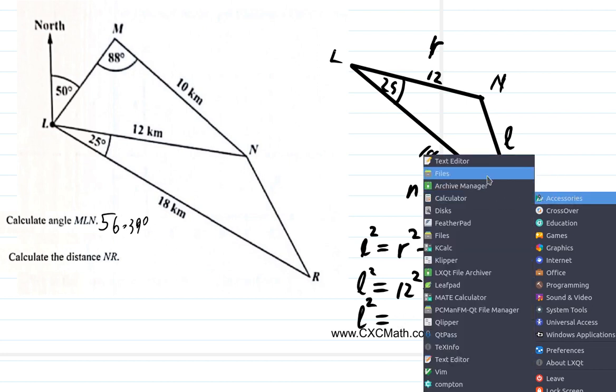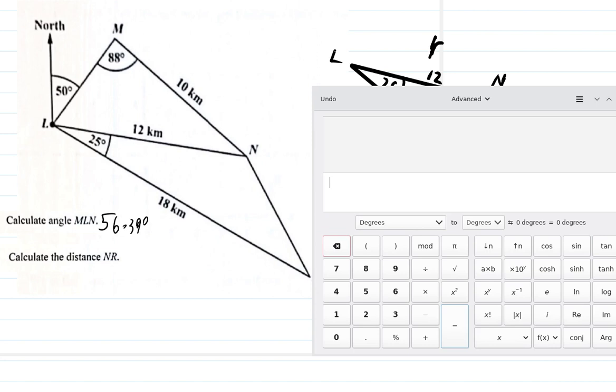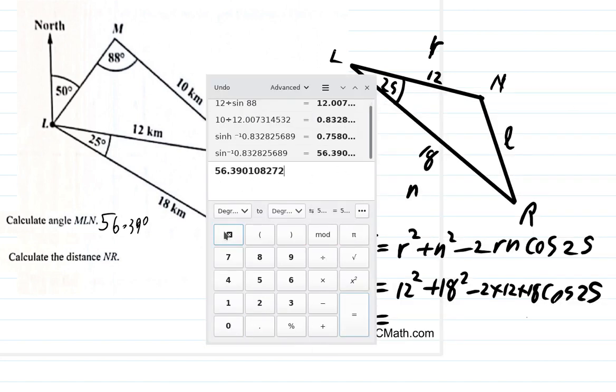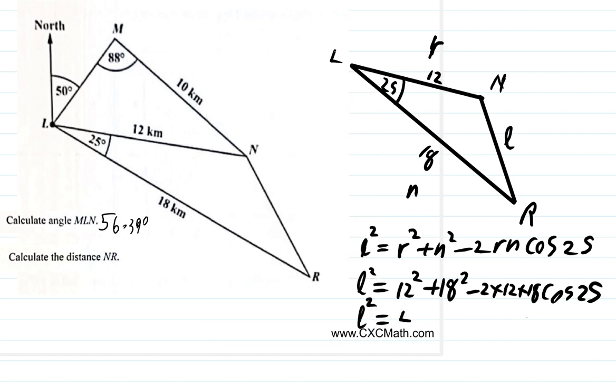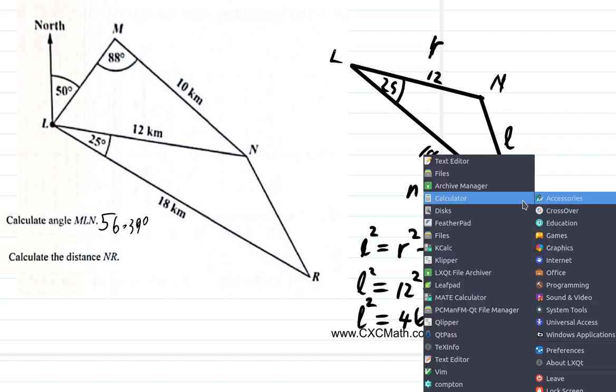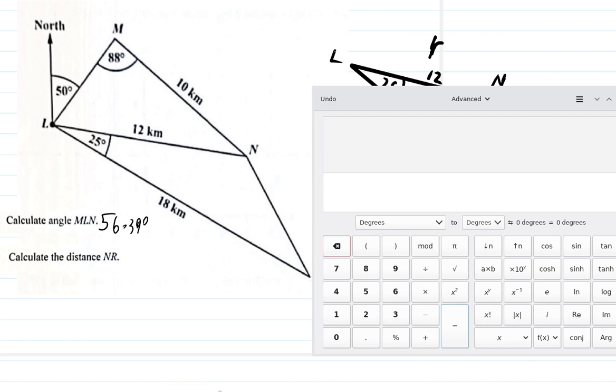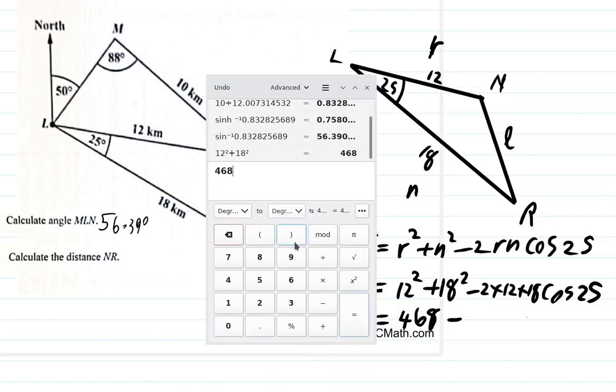What is that equal to? 12 squared plus 18 squared equals 468. 468 minus, now we have 2 by 12 by 18, and we're going to calculate that. 2 times 12 times 18 equals 432.